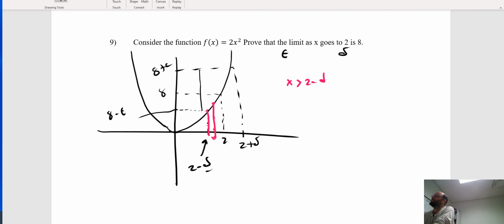That allows us to write this statement: our function, 2x squared, is greater than 8 minus epsilon. Solve this one for x. It's going to be x greater than blah, blah, blah. Compare these two and solve for delta, and you're going to get delta less than some function of epsilon.